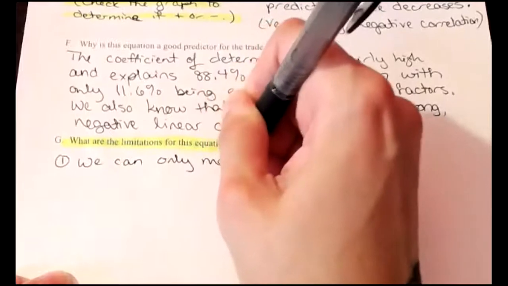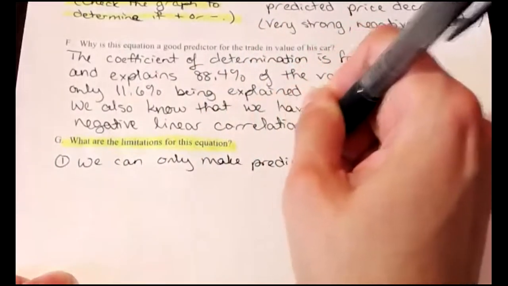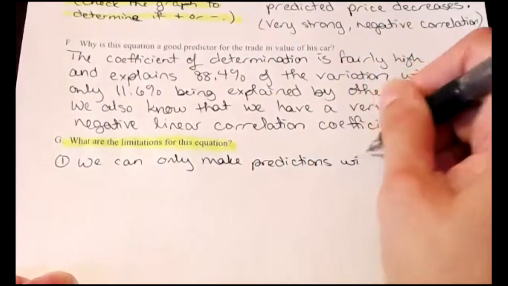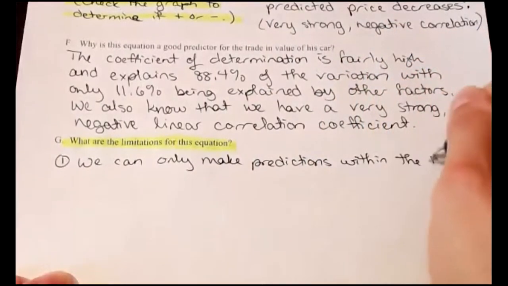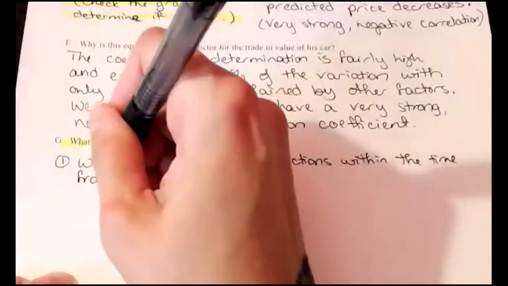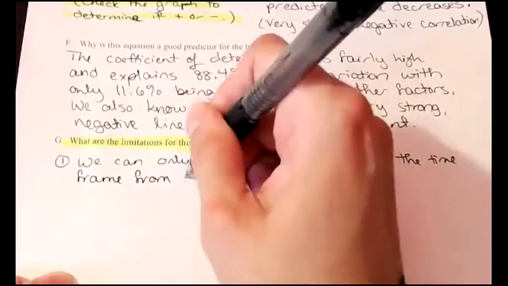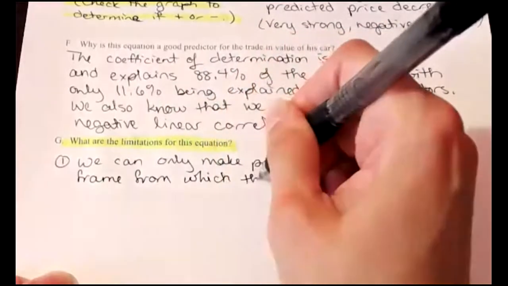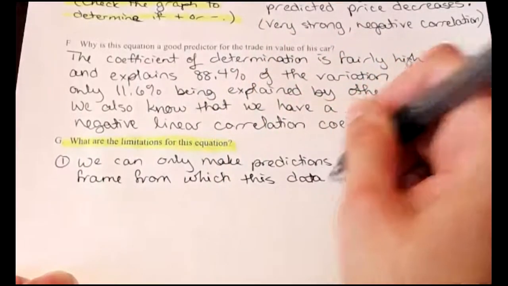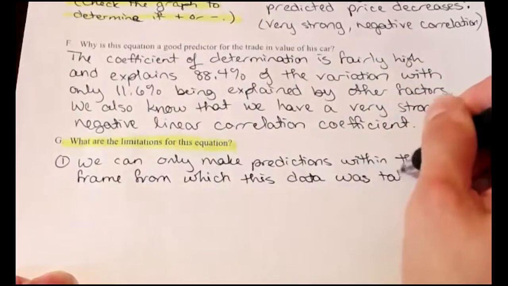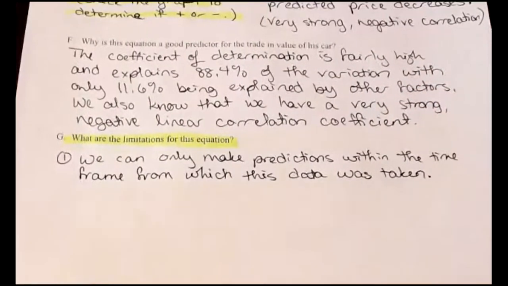Your first limitation is that we can only make predictions within the time frame from which this data was taken. We can make predictions on the trade-in value of the car, but it has to be from the same time frame because that's where we collected our data.